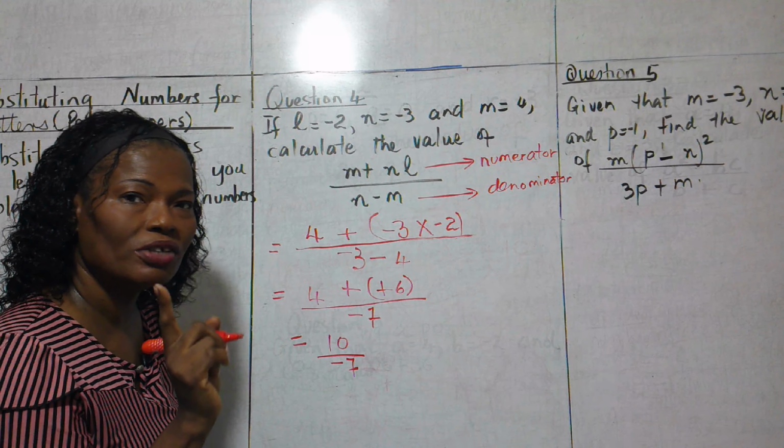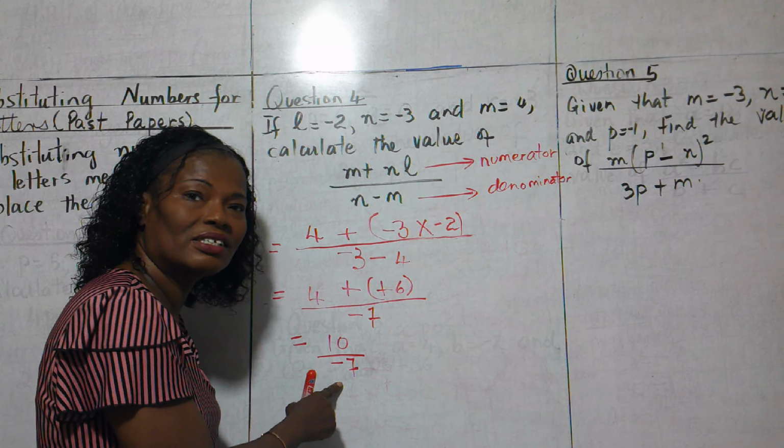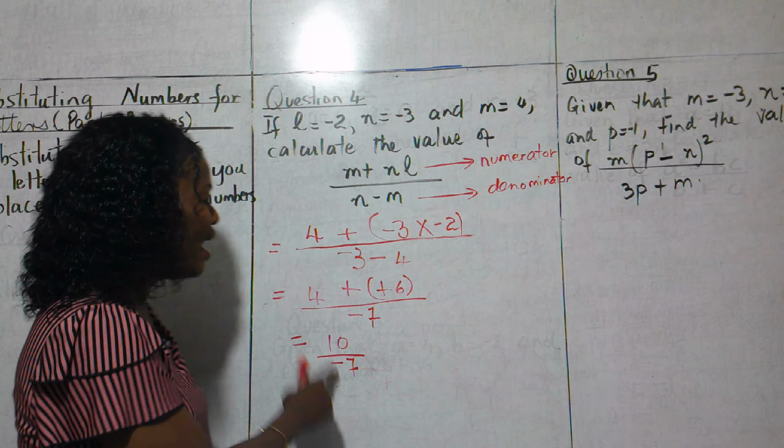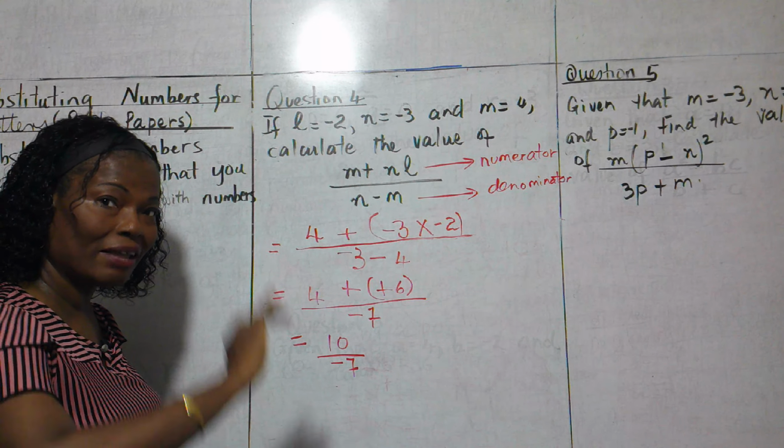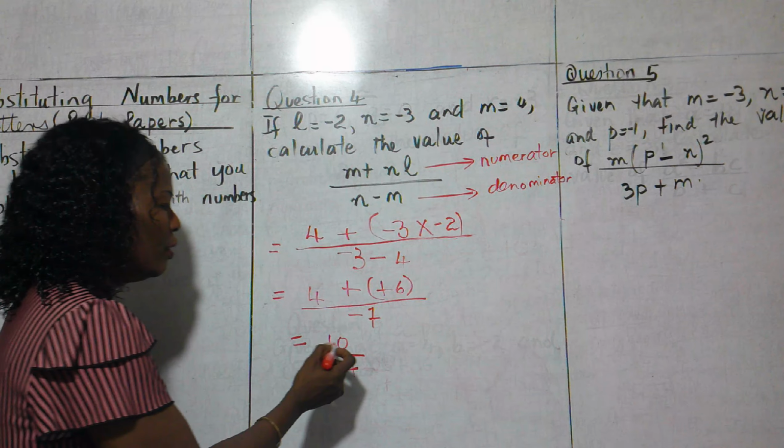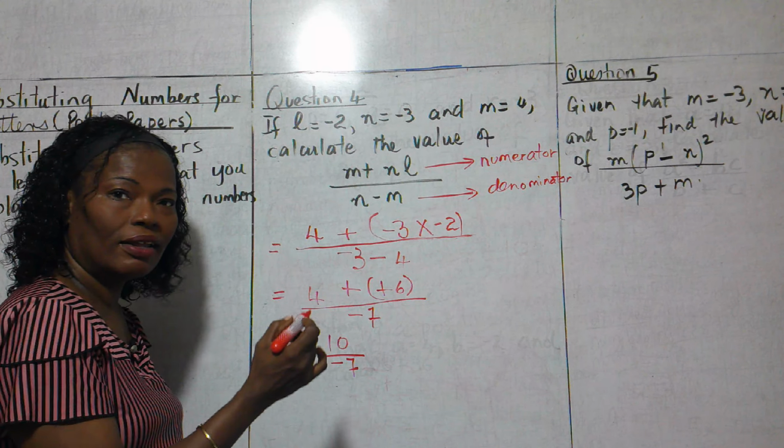But I don't want you to leave the answer where the negative is in the denominator. I simply want you to realize that the whole fraction can be negative. How? This 10 without any sign is a positive 10. Now, let's do this division. This line means division. Do you agree? Yes.